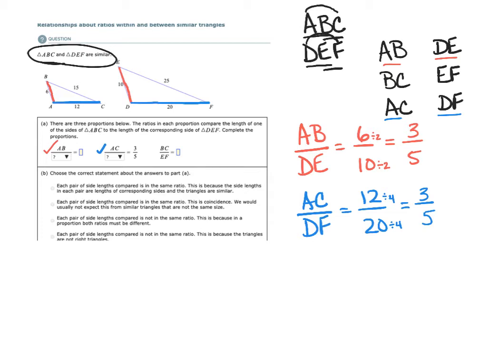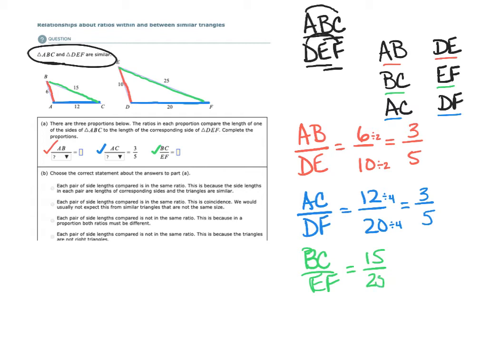And finally, I'm going to check my last one, BC to EF. Yes, those are the corresponding sides that I want to work with, BC to EF. And get those side lengths. BC is 15. EF is 25.